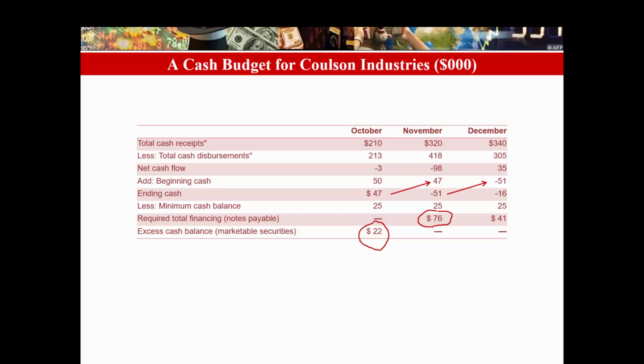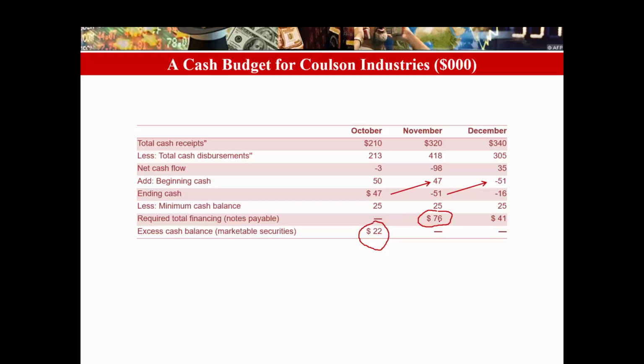So that would require us to borrow $76,000, or maybe arrange a credit line so that we can borrow $76,000 in November.